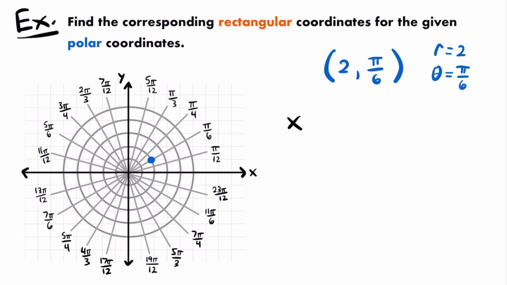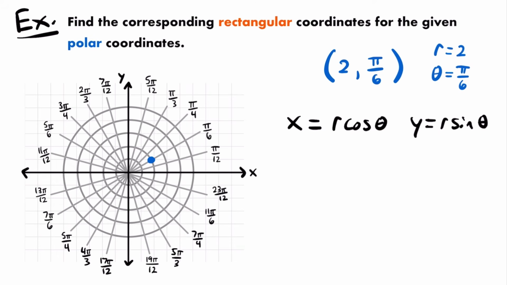You want to use x is equal to r times cosine theta and y is equal to r times sine theta. Because what these two equations will allow you to do is plug in your value of r and plug in your value of theta into those two equations to get the corresponding x and y coordinate, right? X is equal to r times cosine theta, and y is equal to r times sine theta.